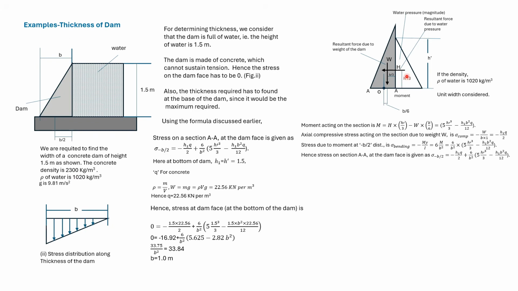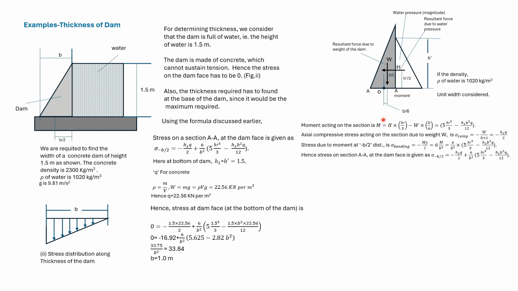This diagram shows the forces acting on the face of the dam. Unit width is considered. Here H is due to the pressure of the water and W is due to the weight of concrete. They create a moment about the center. The distances from the center are given here.